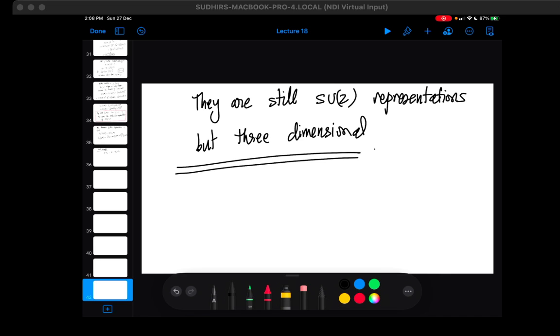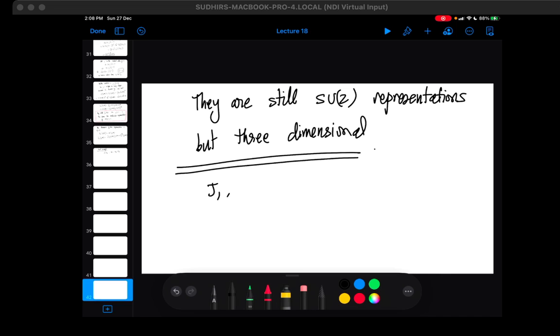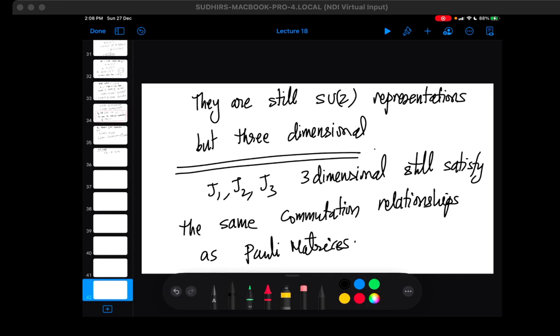They are represented by 3 by 3 matrices because J1, J2, J3 still satisfy the same commutation relationships as the Pauli matrices.